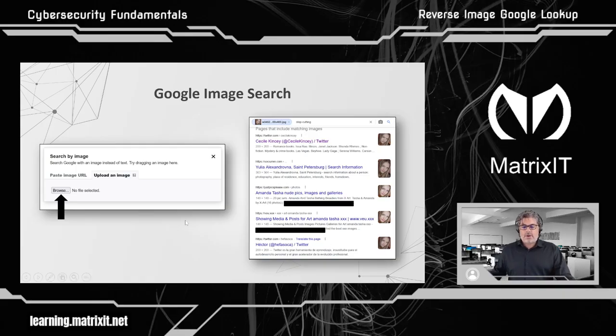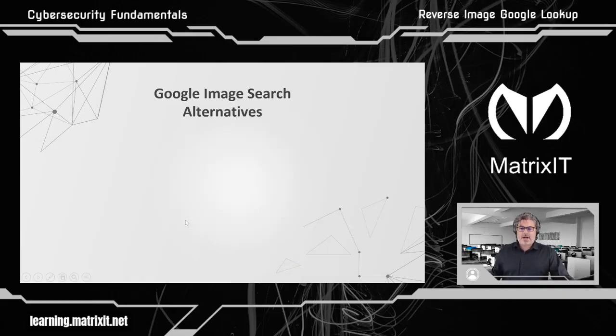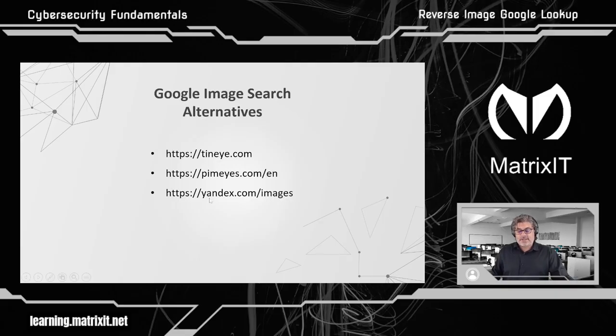Now, Google isn't the only search engine that's got image searches. You've got TinEye. TinEye is a good one. PimEyes is more for facial recognition. Yandex, I put it on here because it's a massive database, but it searches a lot of Russian stuff.